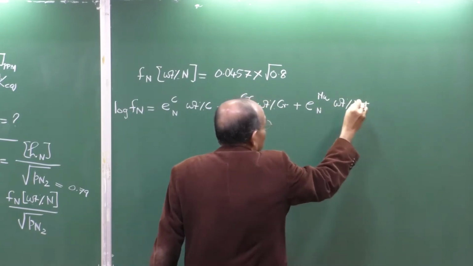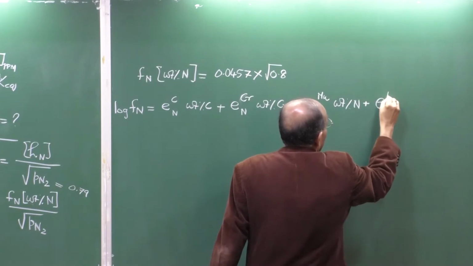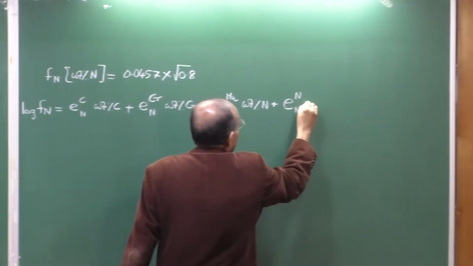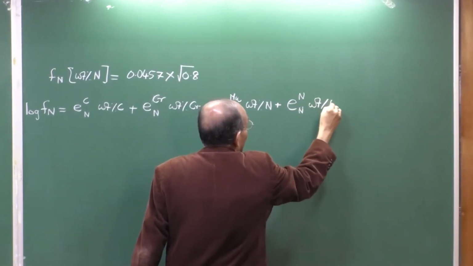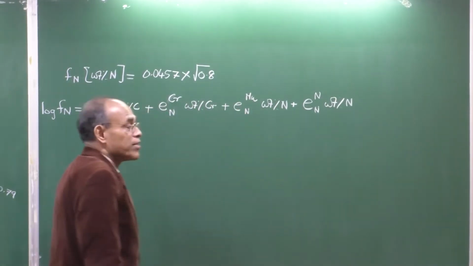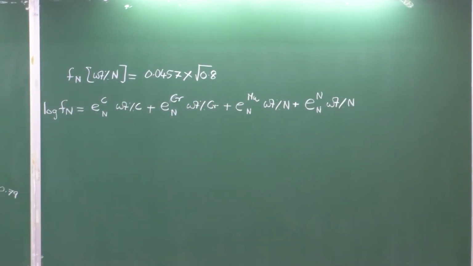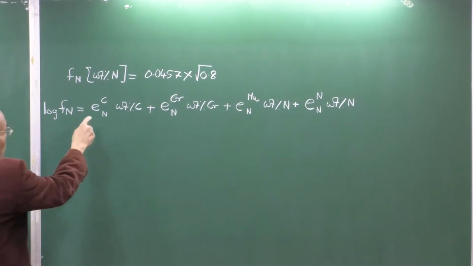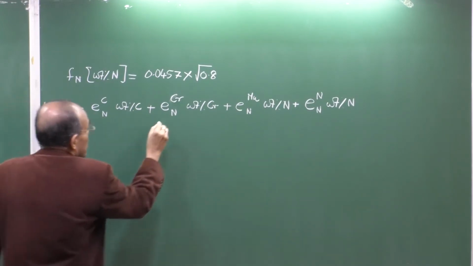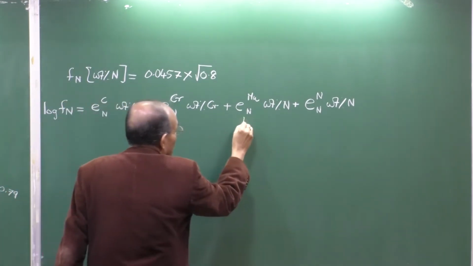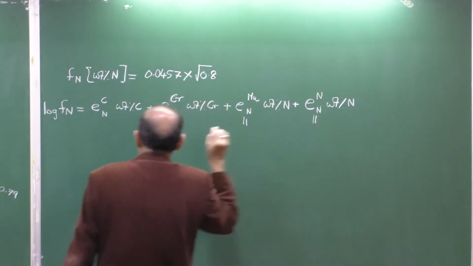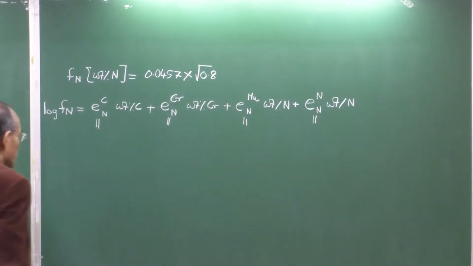And also we can write e nitrogen nitrogen, which is known as the self interaction coefficient or self interaction parameter. Typically these values, as you all know, are given values. These are all known values and they are tabulated in thermodynamics.